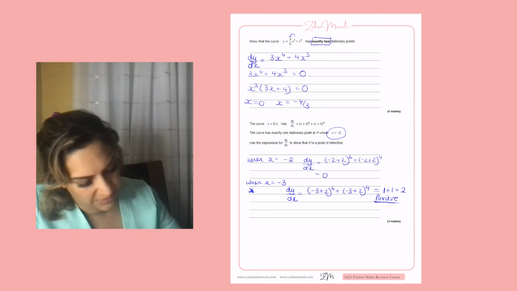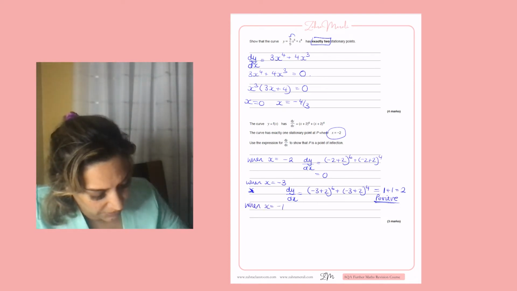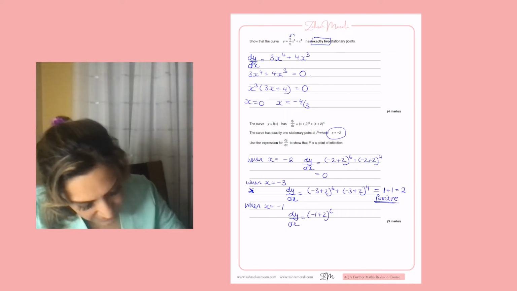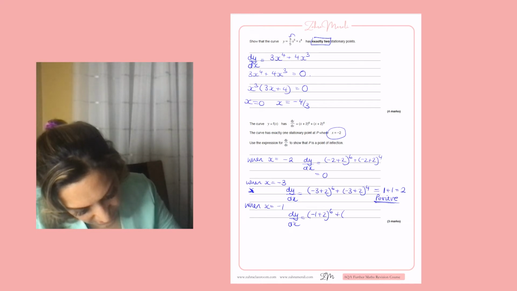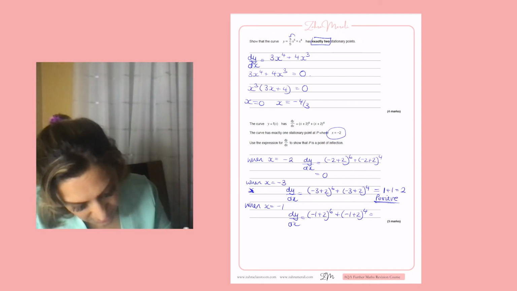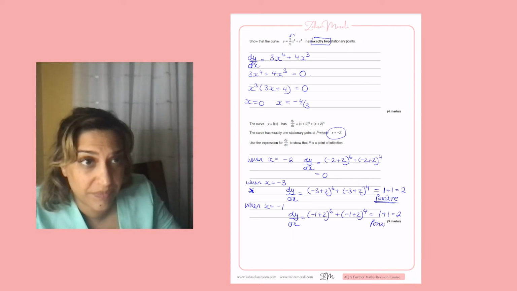Right, let's say we take 1 to the right. When x = -1, dy/dx gives us (-1 + 2) to the 6 plus (-1 + 2) to the 4, which is 1 to the 6, which is 1, plus 1, which equals 2, which is also positive.